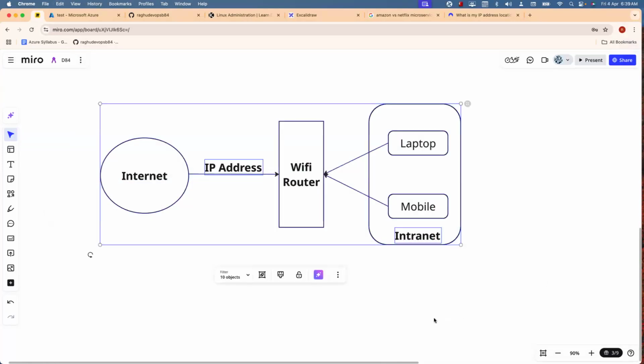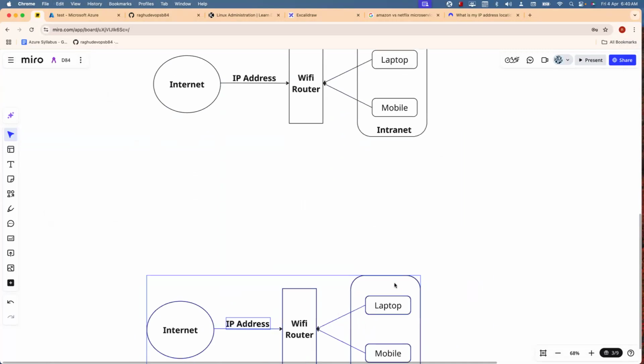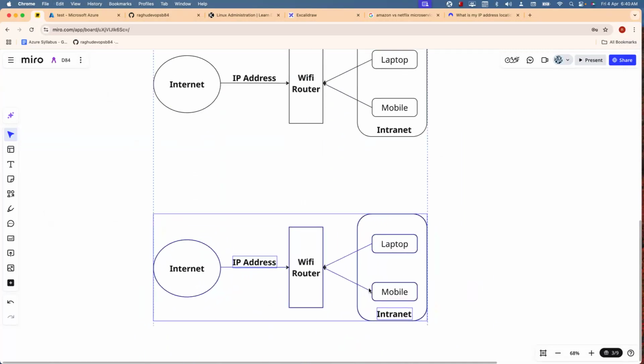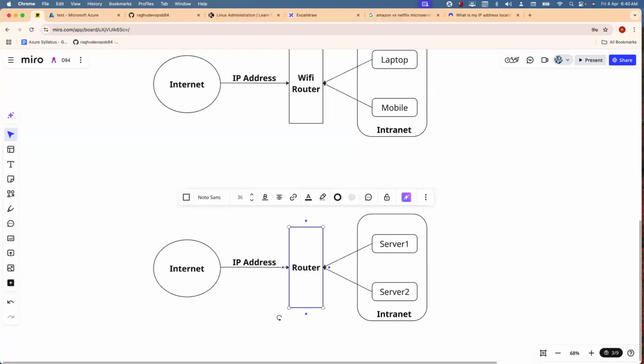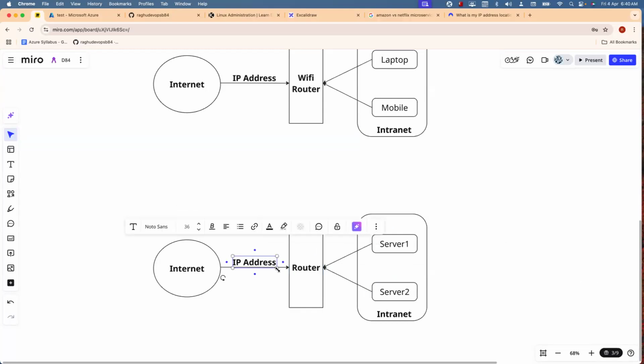So what is happening is, this is server one, and this is server two, maybe not a Wi-Fi router, but still some sort of device. Here they provide different IP addresses to this server one.